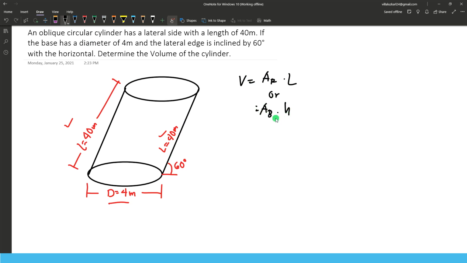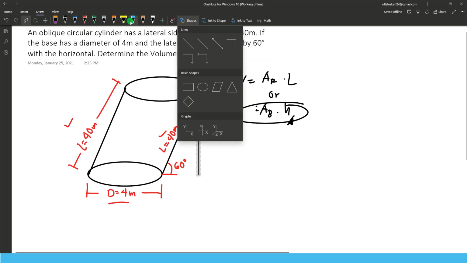Or we can use the area of the base times the altitude H. So if we are going to use this formula, which is the easier one, we only need the value of the altitude H. Since given here is the length of the lateral side, the altitude is just the perpendicular distance between the bases, from this base perpendicular going downward.